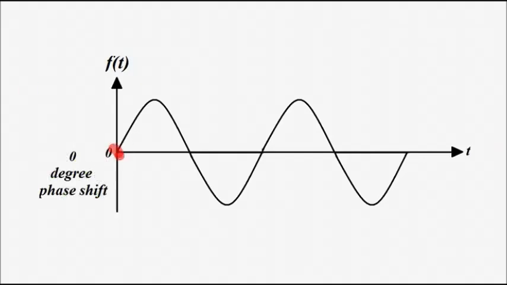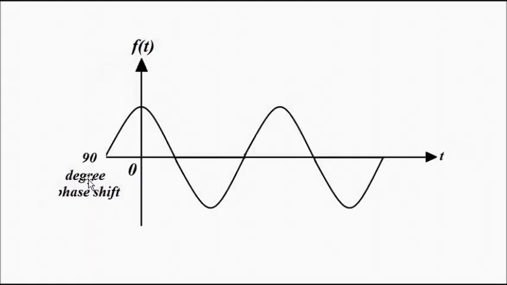Similarly, in another case, again the reference is this 0 origin, but here it is starting 90 degrees earlier. So here it has a 90 degree phase shift.